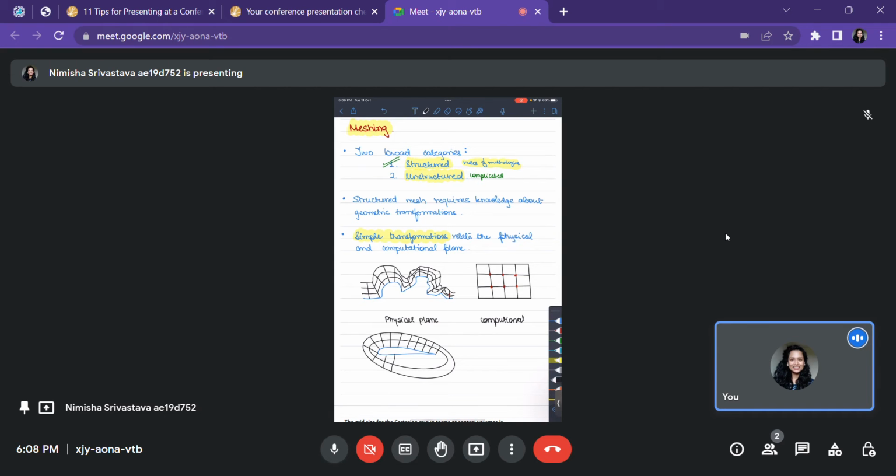So I'm just going to finish drawing this. It's not a very good representation of what it might look like, but essentially you can understand that these are my grid cells, and you would want something which looks like this on the right hand side.